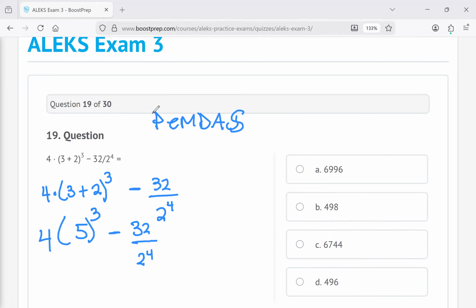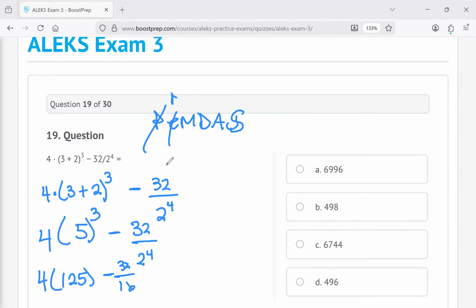Okay. Now, do we have an exponent? Yes. We have two exponents, I believe. So do that. What's 5 to the third? 125, minus 32. And then 2 to the fourth is 16. Okay, and then we did the exponents.